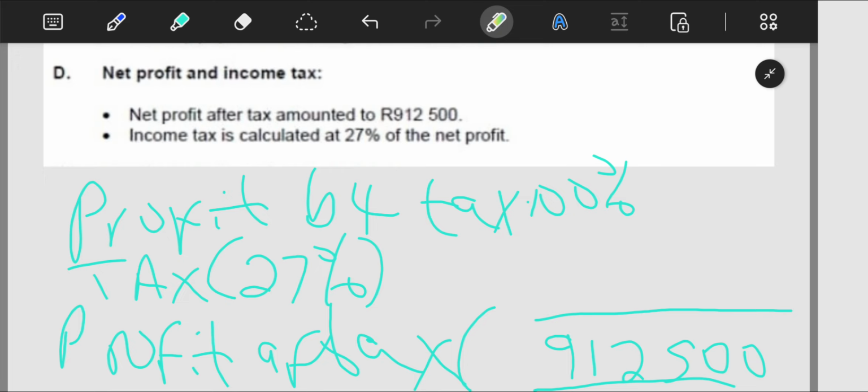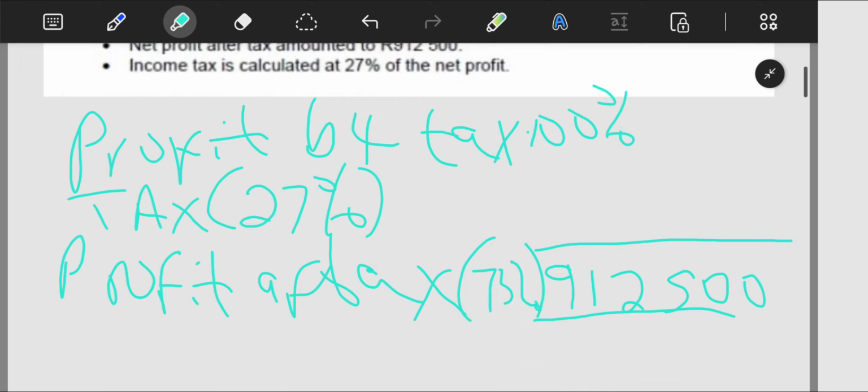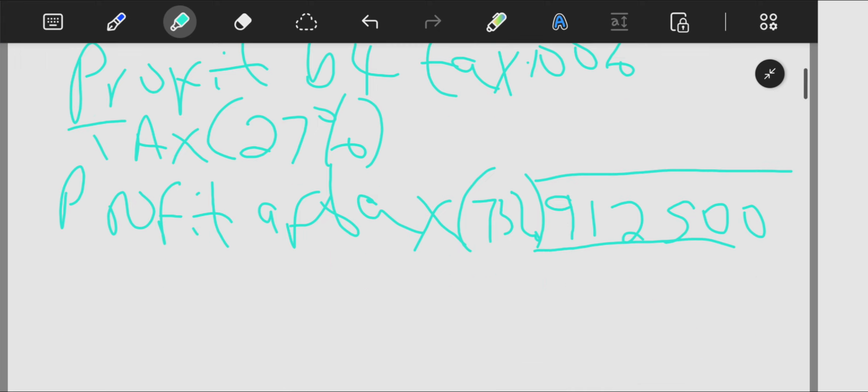So in percentage it is 100 minus 27, which is 73. This is 73%. Right, so now we have 73% and we need 27.